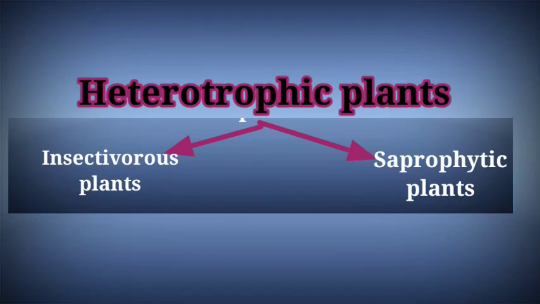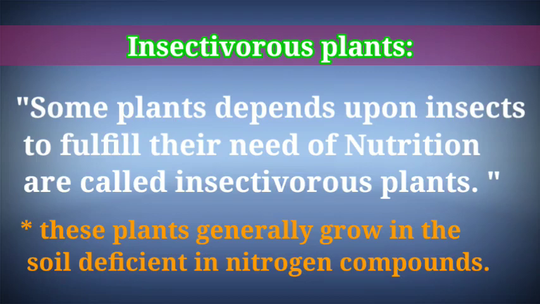There are 2 types of heterotrophic plants. First one is insectivorous plants. Some plants depend upon insects to fulfill their needs of nutrition are called insectivorous plants.